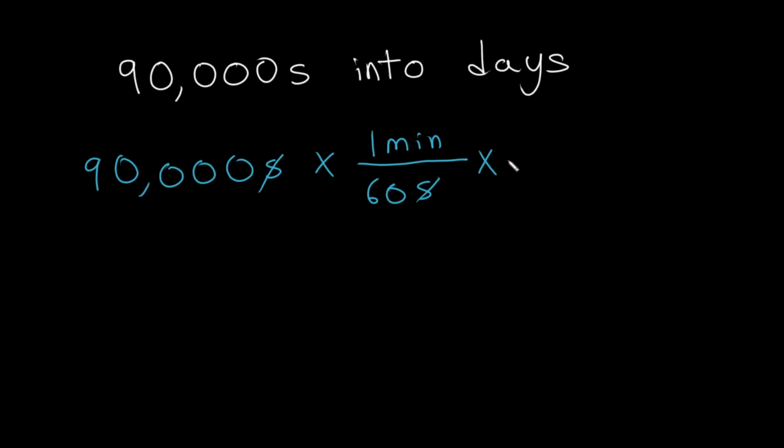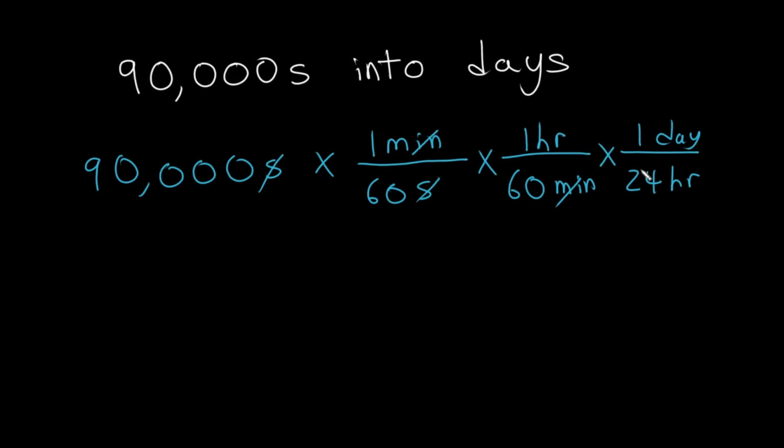So now we got to cancel the minutes. So in order to build up to days, we have to go to hours. So how many minutes in an hour? Well, we know 60 minutes are in 1 hour. So the units will cancel there, and now we have hours. Okay, so how many hours in a day? 24 hours is equivalent to 1 day.